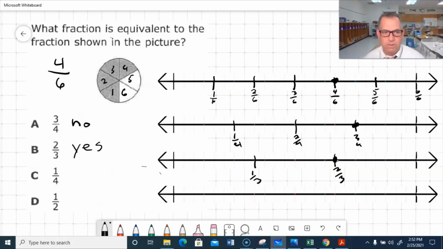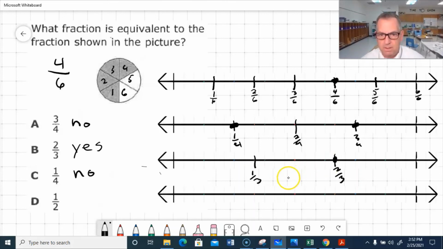Is 1/4 equivalent to 4/6? Okay, I can see right here that 1/4 is right here and 4/6 is over there. So no, those are not equivalent. And D, is 1/2 equivalent to 4/6?